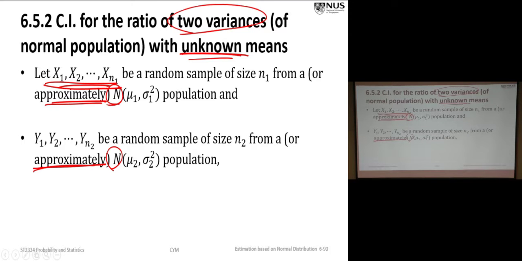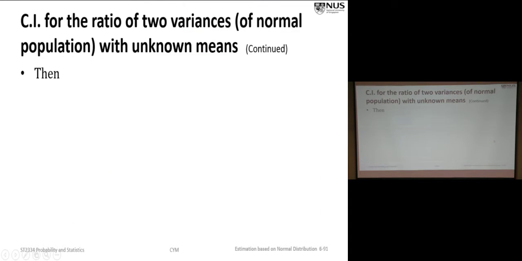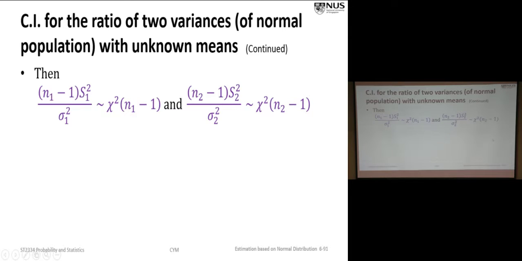All right? So we assume that we don't know mu1 and mu2, and we are interested in getting a confidence interval for this ratio. So we repeat what we did just now. We don't know mu1, so we use this. This follows chi-square with n1 minus 1.